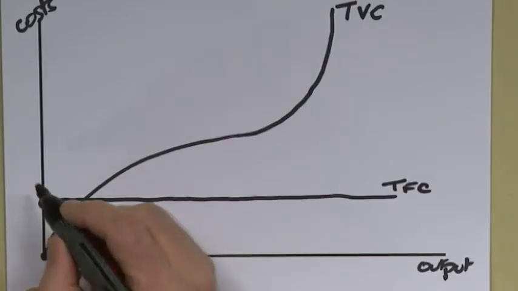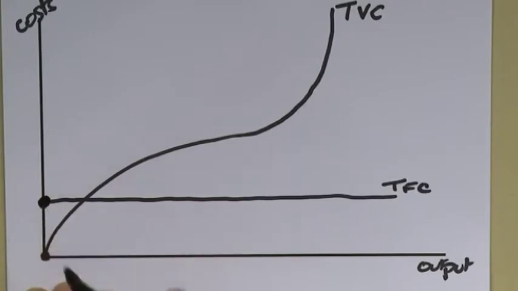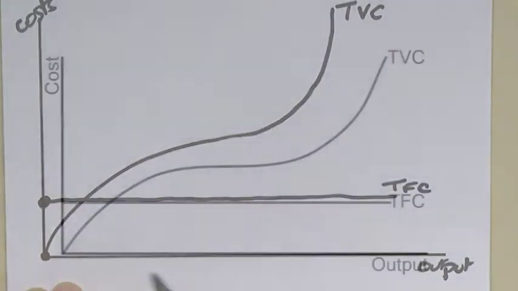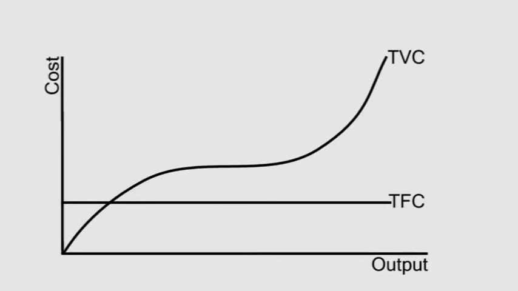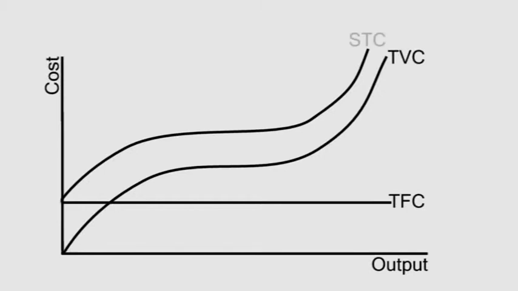Total costs at zero output are all fixed costs. As we increase output and we sum the fixed to the variable costs, the short-run total costs are simply the variable cost displaced upwards by the amount of the fixed costs. So we've got the relationship between output and fixed costs, output and variable costs, and output and total costs.